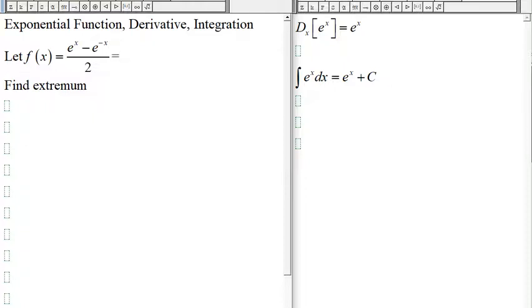So first we write this as 1/2 e to the x and minus 1/2 e to the negative x.